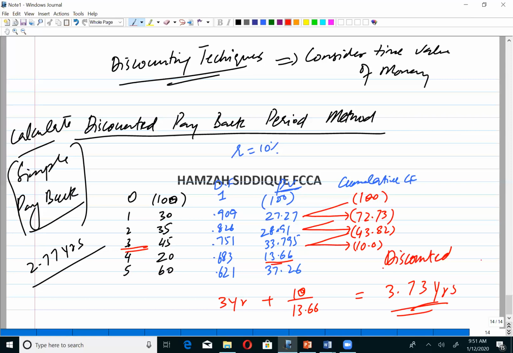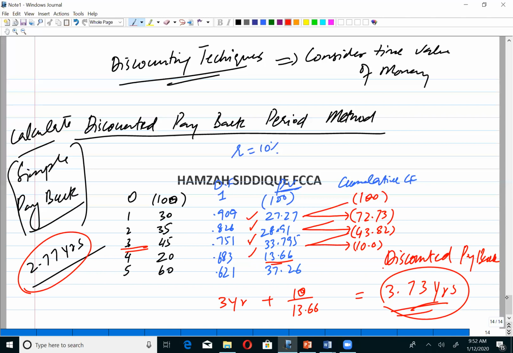You see, this is the discounted payback of the same project. You calculated the simple payback earlier. The discounted payback is higher because you consider the time value of money. Cash flow values are in real terms, excluding the impact of time. So the drawback in the non-discounting techniques has been removed.